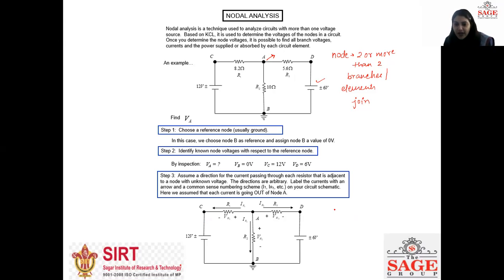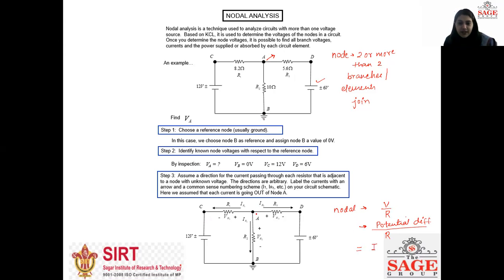So we always write the nodal equation in the form of V by R, where we take the potential difference between two nodes, or we can take the reference node ground as well, upon R, which is usually an equation of I, current.